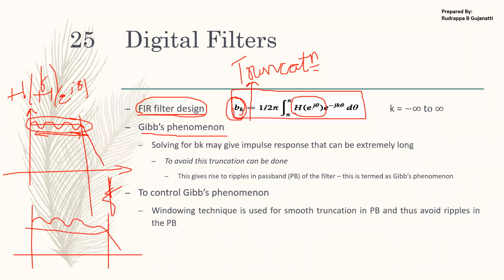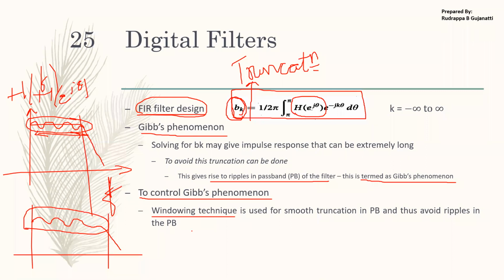So when I truncate the coefficients, it gives rise to ripples in the passband. These ripples present in the passband give rise to the term called Gibbs phenomenon. Now, in order to control this Gibbs phenomenon, we can make use of the windowing technique.